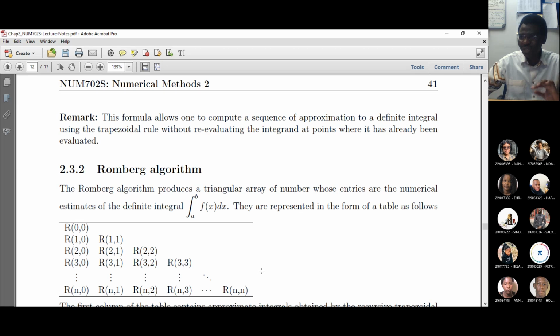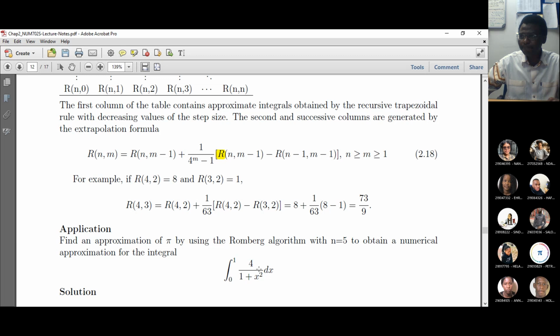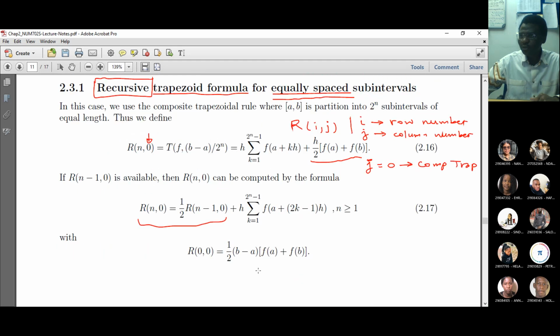Now, for you to really grasp this, I will take an example from the tutorial. We are going to see how to apply this. In the tutorial, I will give you an equivalent formula, which is more elaborated, a more elaborated formula that is similar to this one.